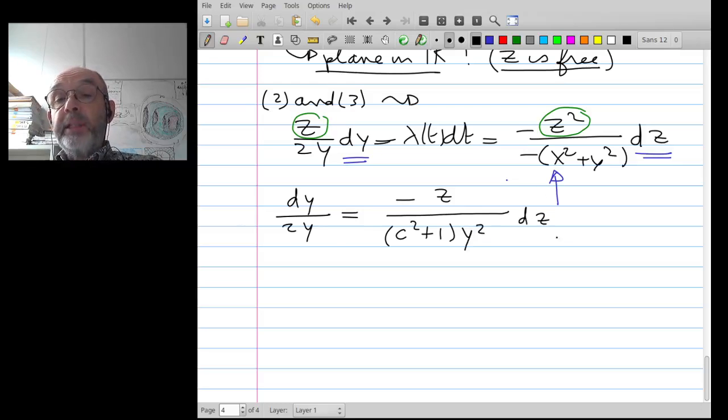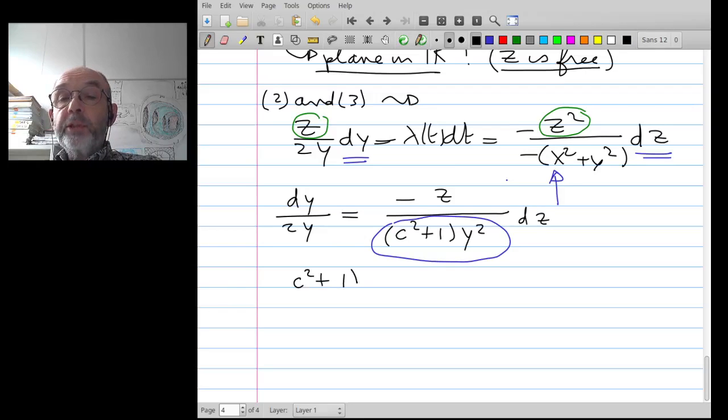And now I have an equation only with y's and only with z's, and now I can try to manipulate it in such a way that I can integrate something. But then first I have to take the term with a y in it to the other side of that equation. And so what do we have?